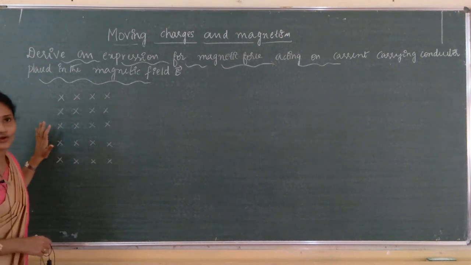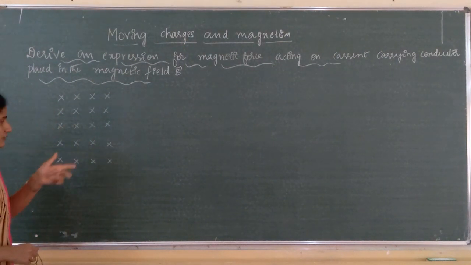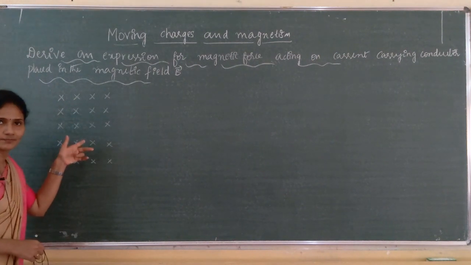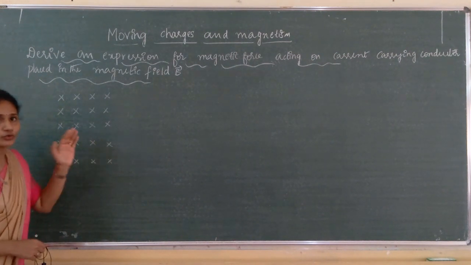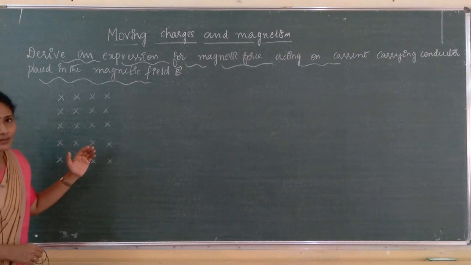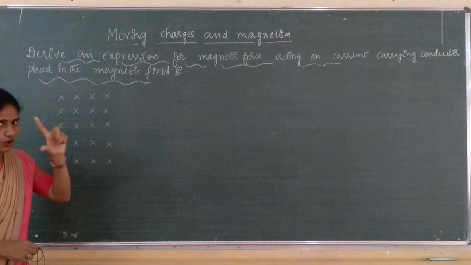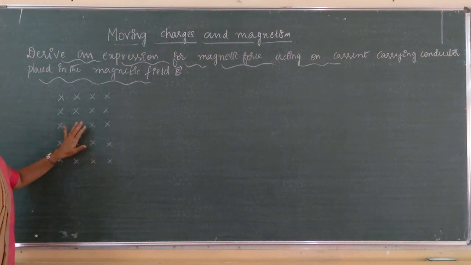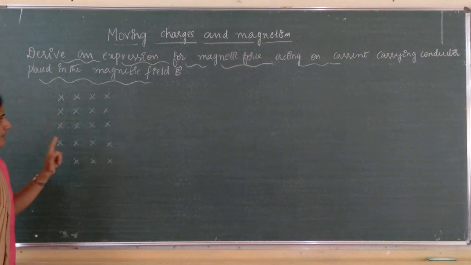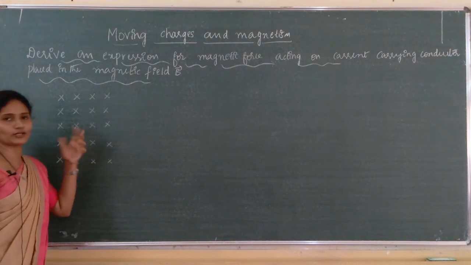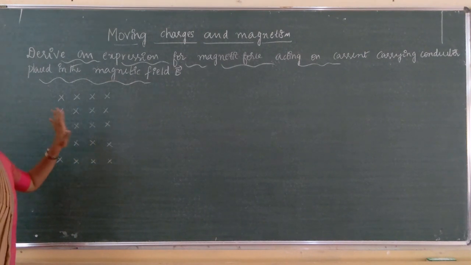Here we are using cross marks, that means the magnetic field is going into the plane of the paper. If the magnetic field is coming out of the plane of the paper, then it is represented using a dot. So, here we are using cross marks, so we can say that the magnetic field is going into the plane of the paper and the magnetic field is uniform.